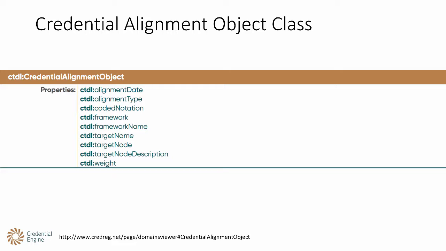The first three of these properties, we won't go into much detail. They're fairly straightforward. The alignment date: when was this alignment made? Alignment type, which allows us to identify the type.